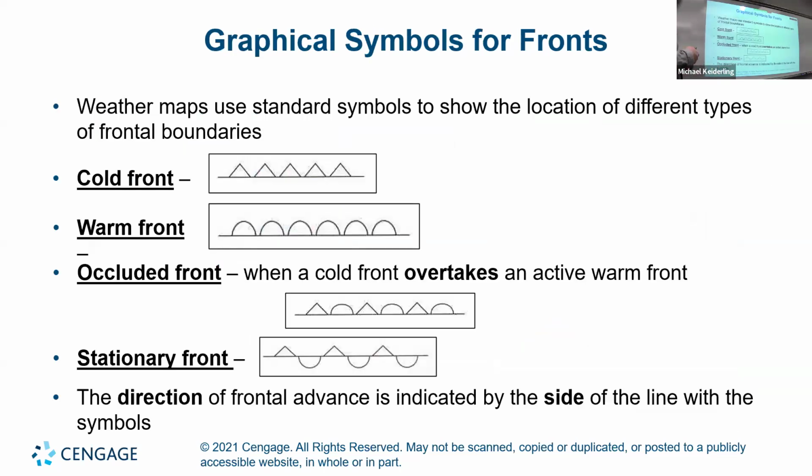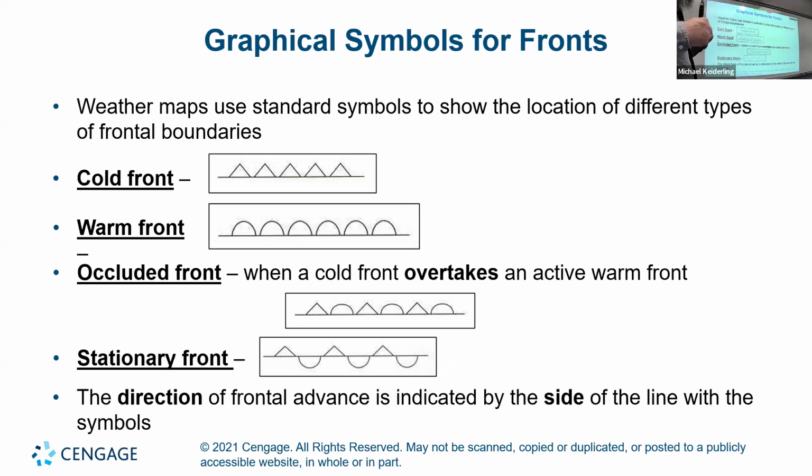So there's standard symbols. Cold fronts are expressed with pointy teeth, commonly colored blue. Warm fronts are expressed with half circles, commonly colored red. If you have a cold front overtaking an active warm front, you get what's called an occluded front, which has both teeth and half circles.